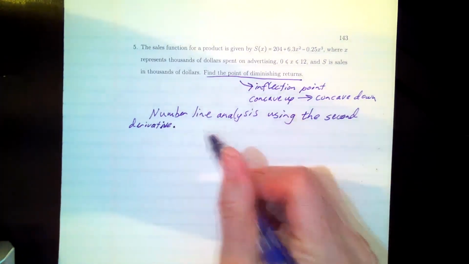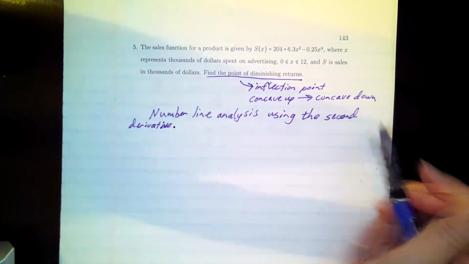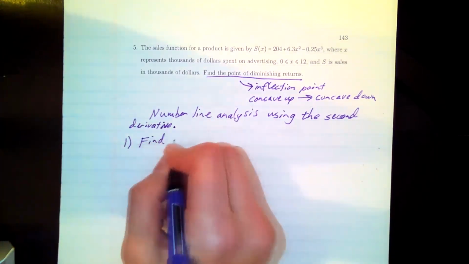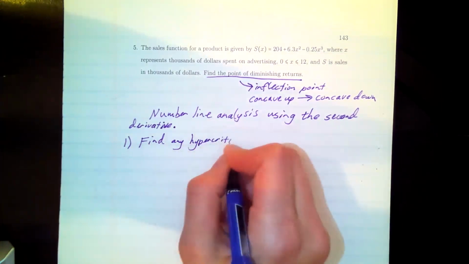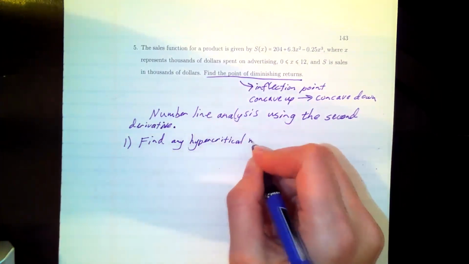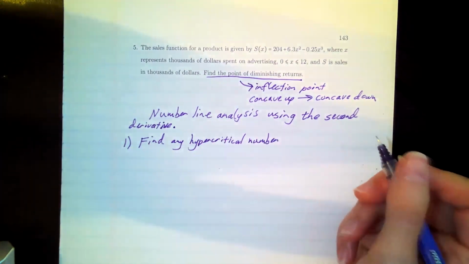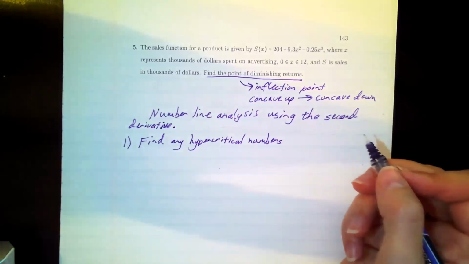If I'm going to do a number line analysis, I need my potential inflection points. Those are called hypercritical numbers. So what we're going to do here is find any hypercritical numbers. Those are my potential inflection points. Just like critical numbers are potential maxes and mins, hypercritical numbers are potential inflection points.